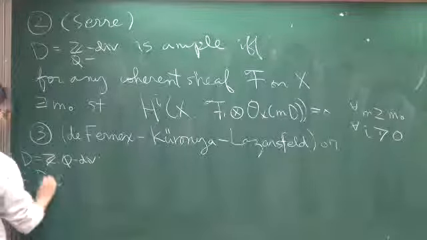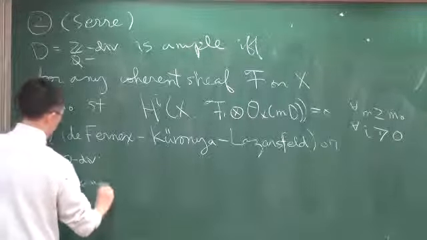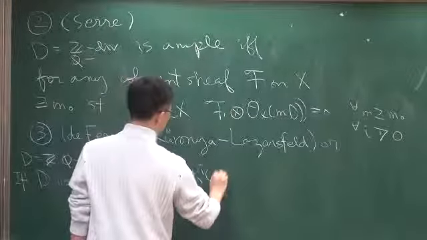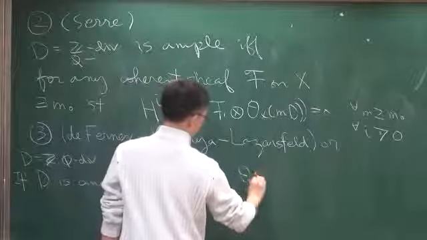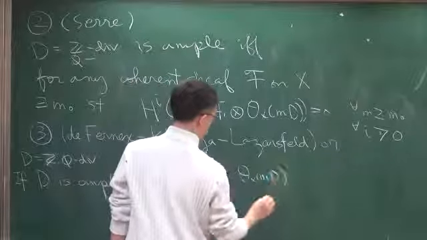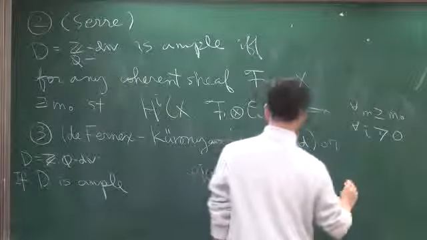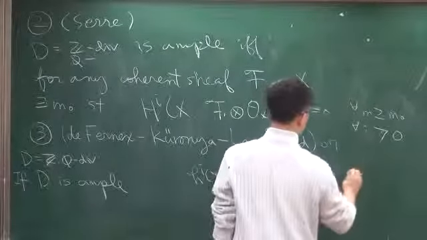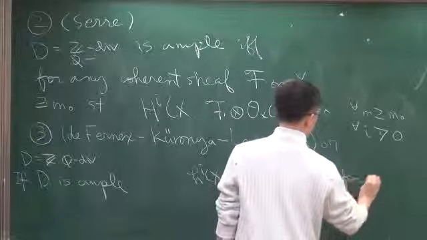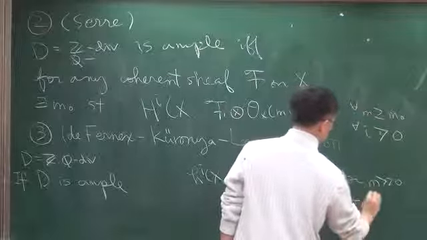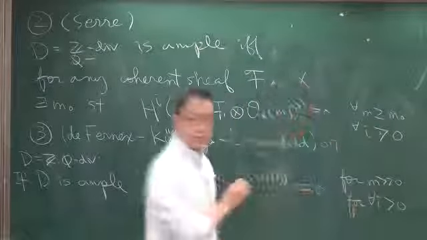If D is ample, as we saw here, H^i(X, O_X(mD)) is just 0 for large m, for any i greater than 0.